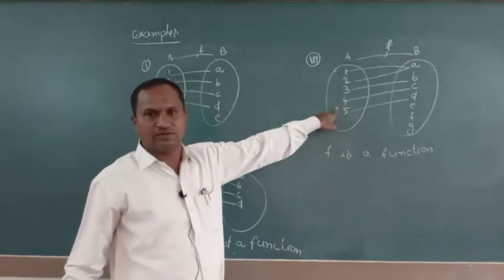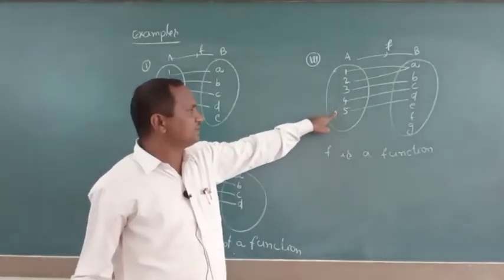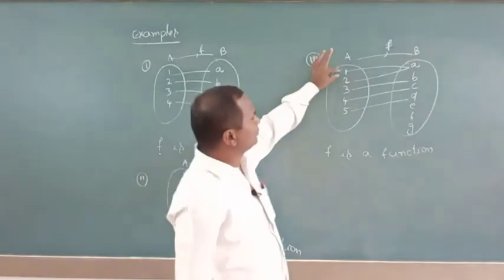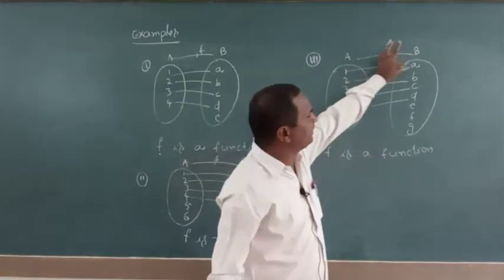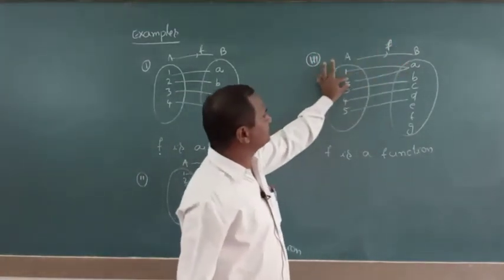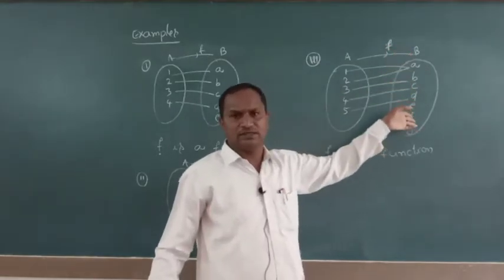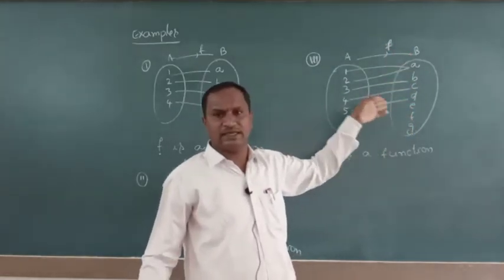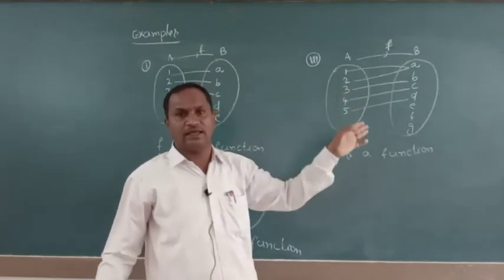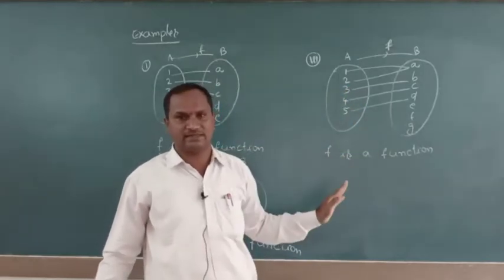The mapping is started from all the elements of set A. One element is associated to one element. 2 also is associated to one element. It may be the same or different in case of second set B, but in case of first set A, the element should not repeat.